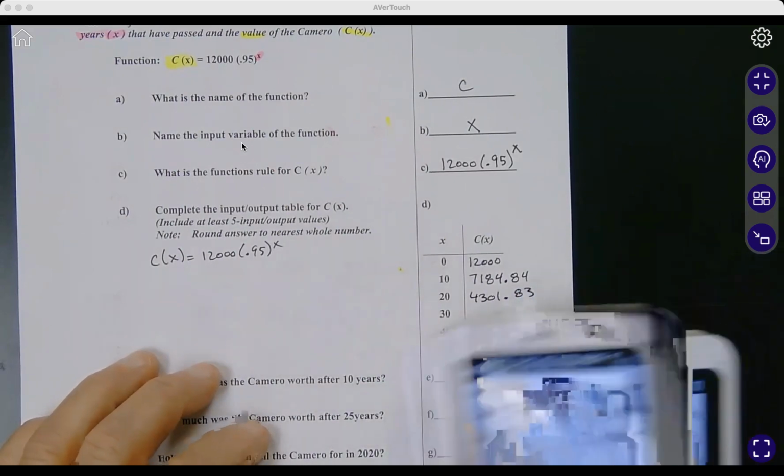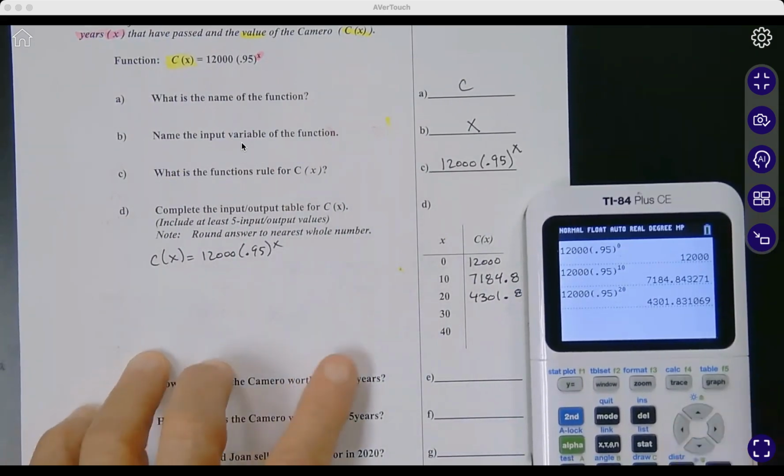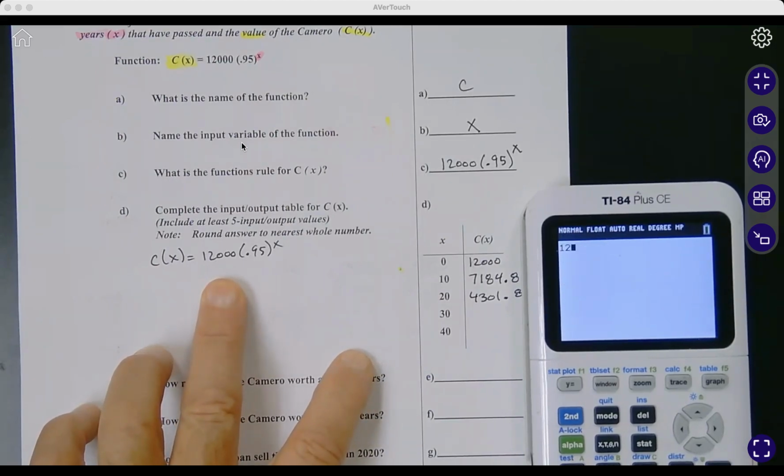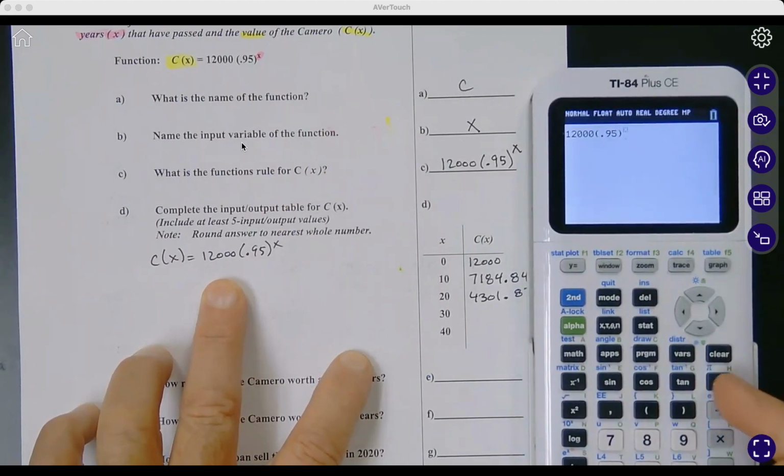And I'll show you how I'm doing this again. So let's say I'm going to enter it for 30. I'm going to put in the initial amount. I'm going to go ahead and clear all that. I'm going to multiply it by 0.95. And then I'm going to raise it to a power of 30. Remember that power button is right here on the calculator. 30.